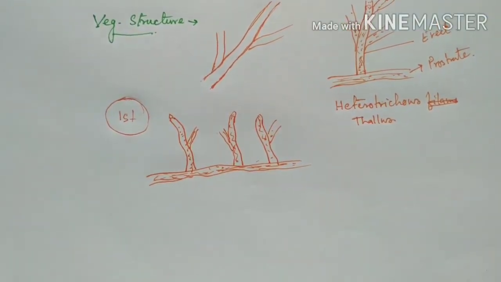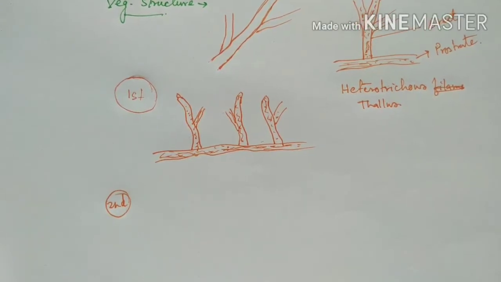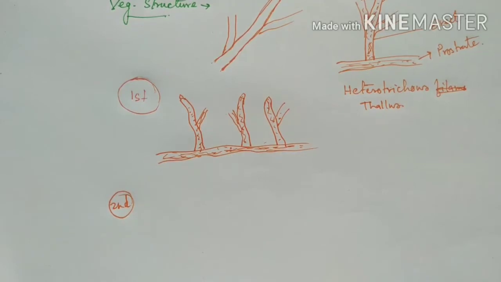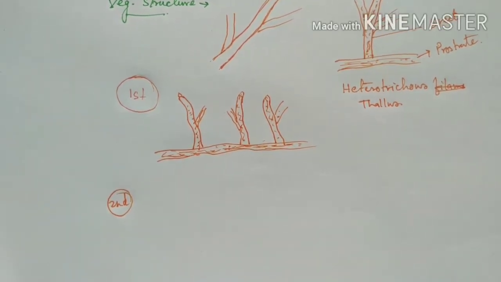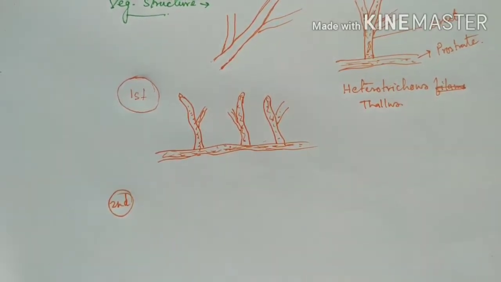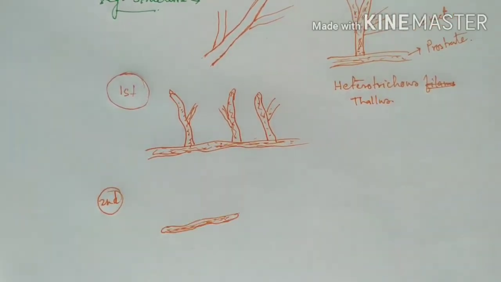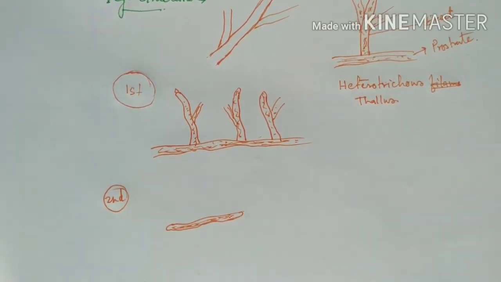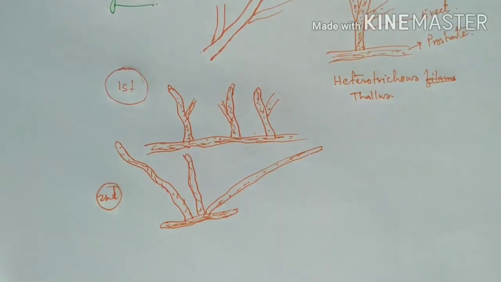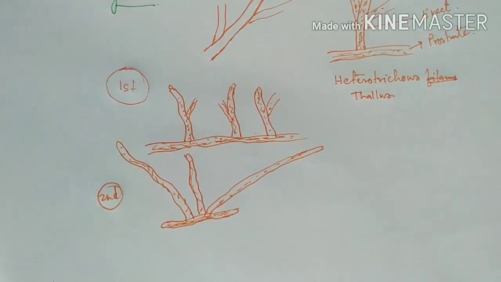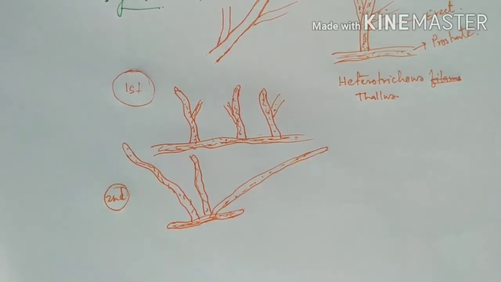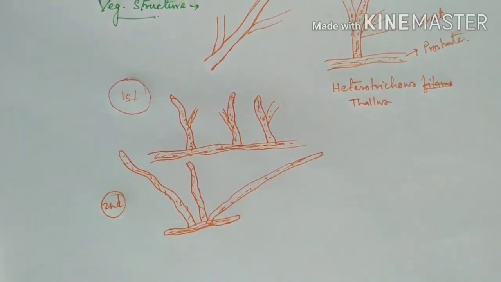And in the second case, the prostrate branches are smaller than the erect branches, so the erect branches are larger than the prostrate branches. These two types of filament are found in Trentepohlia.